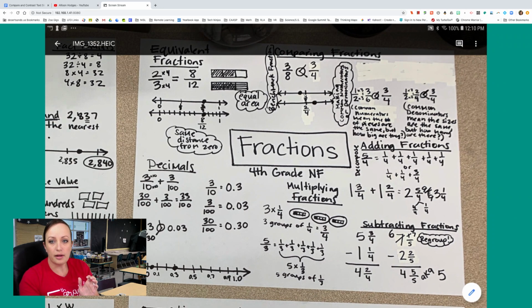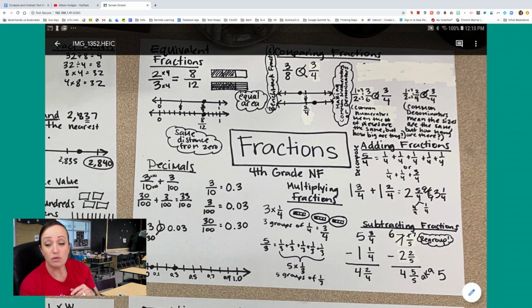I'm going to start at the top. It cut off a little bit, but it says equivalent fractions, which kind of bridged what we learned in 3rd grade, and then moving on to comparing fractions, and then we moved on to adding fractions and decomposing them, which is, as you can see this year, super important to be able to break those numbers apart.